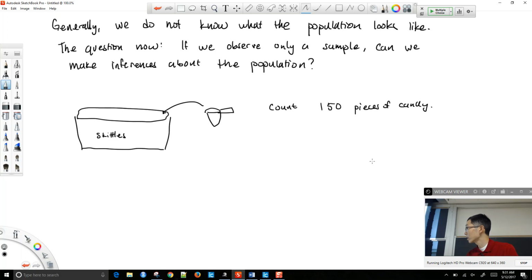We'll say that 25 of them are green. So the question is, what is the proportion of green candies in the bucket?